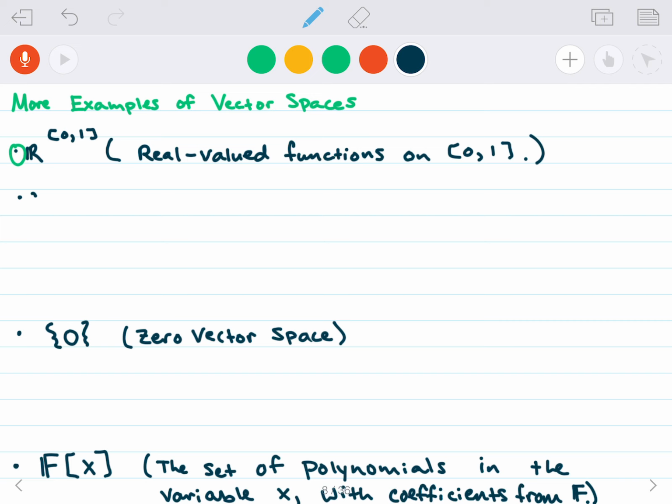But closed under vector addition, certainly. Why is that? Well, just by the way that this addition was defined in the previous slide.